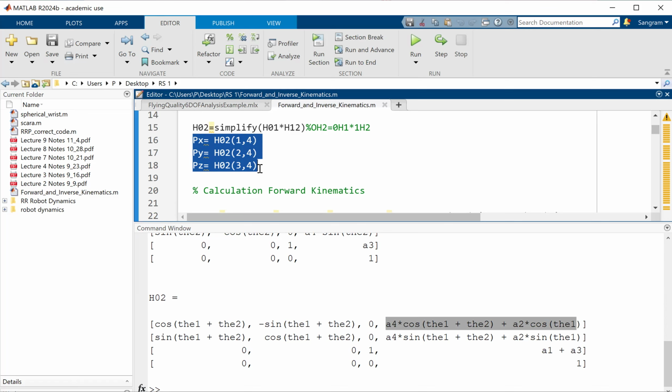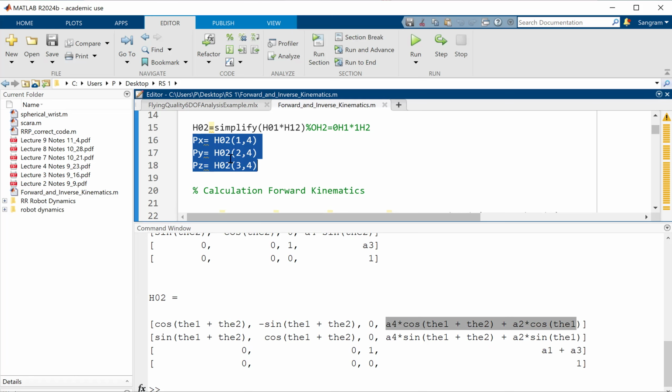I need to find the end effector position Px, Py, Pz. So from H02, first row, fourth column is my Px, second row, fourth column is my Py, and third row, fourth column is my Pz. So that way it will give me these equations.